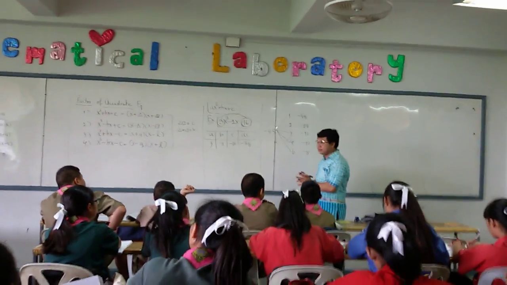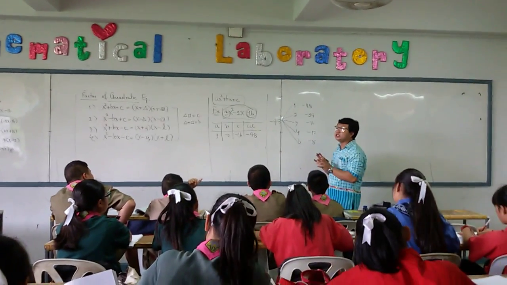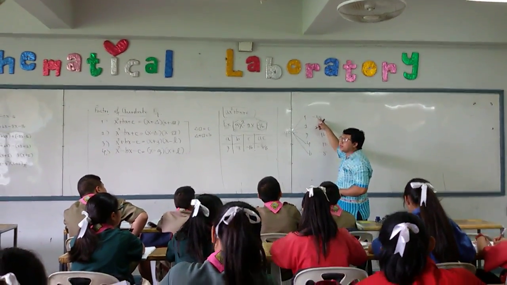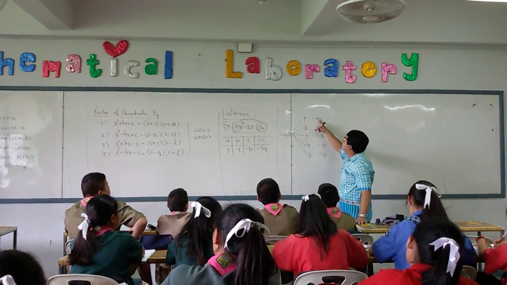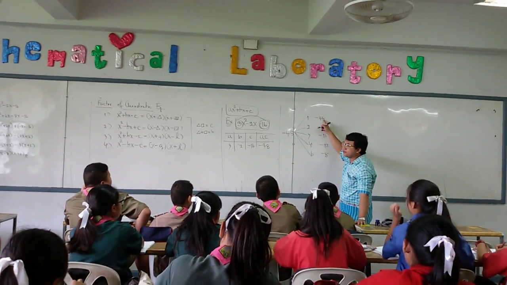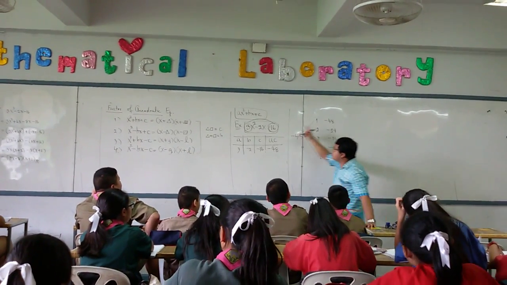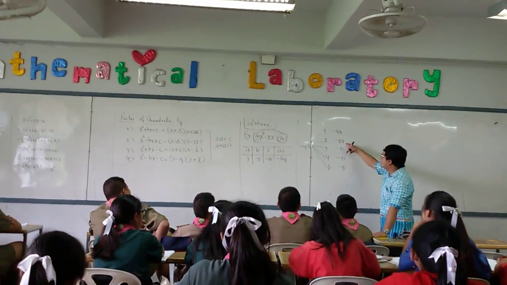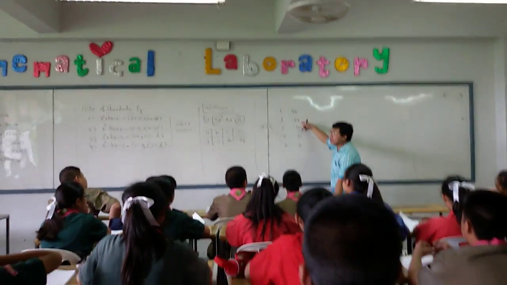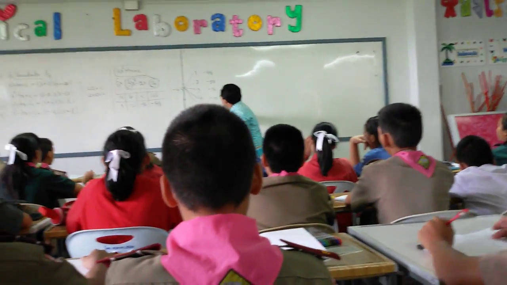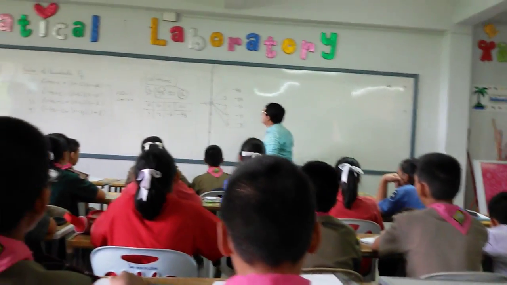And then we find the sum of each pair of numbers. What is the sum of 1 and minus 48? It is minus 47. Is it true? No. What is the pair that is correct? ข้อไหนครับถูกต้อง 6 and minus 8.